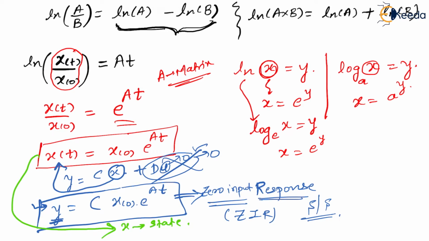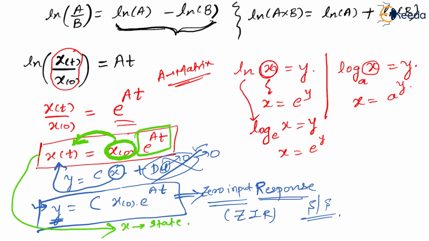So if x is the state, see how my x state changes from its initial value to some value through a matrix, or I can say how my initial value of state is changed from its initial value to some value via e raised to At.